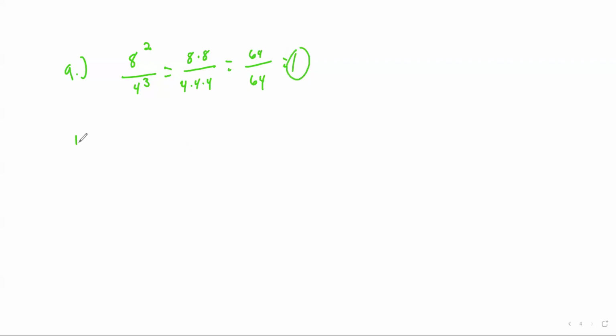Let's look at number 11. We get 7 to the fourth divided by 7 to the fifth. I'm going to pause here, and I could do this as 7 times 7 times 7 times 7, and then on the flip side, do 7 times 7 times 7 times 7 times 7, work it out, and then simplify. Or we can apply our rules. We can apply our rules now because the bases are the same. So if the bases are the same, I can write the base and then just subtract the exponents when I'm dividing.